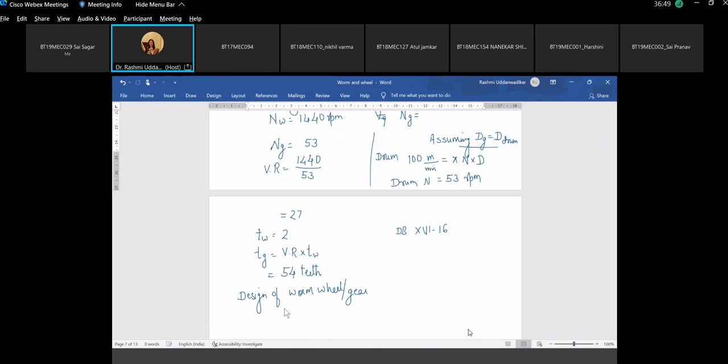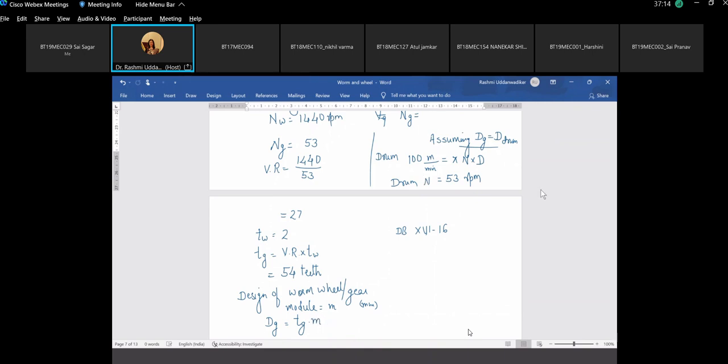Assuming the module to be m in millimeters, the actual diameter of the gear is the number of teeth times module m.